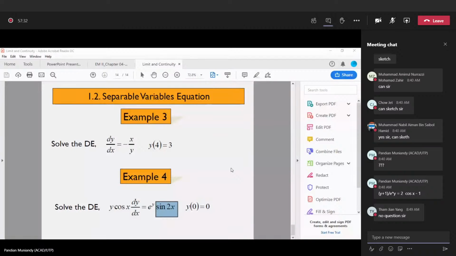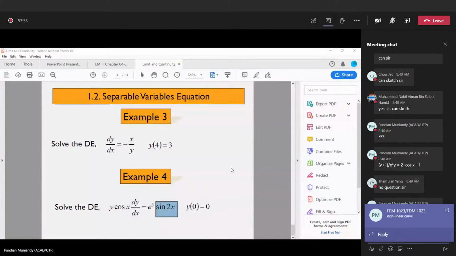So this is a very complicated nonlinear curve. We say nonlinear curve, C-U-R-V-E.